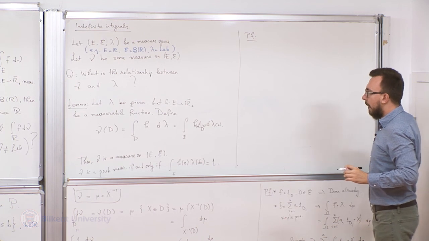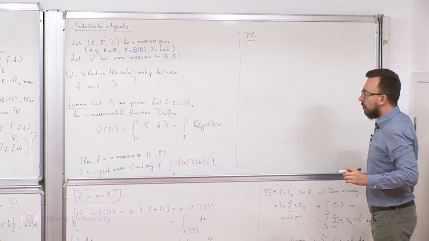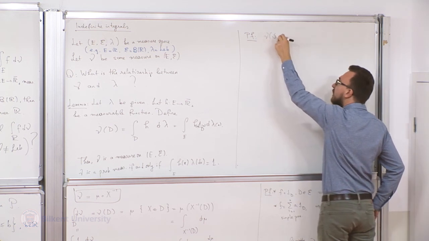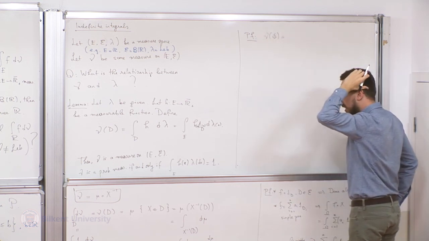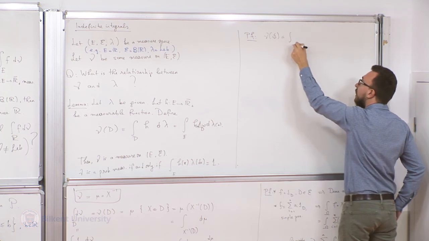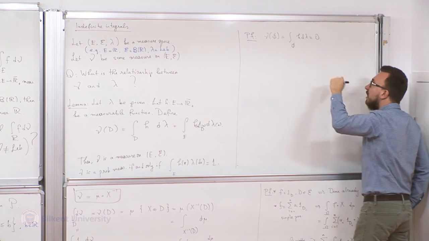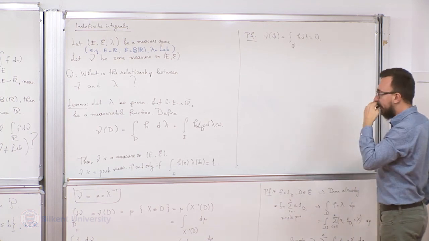Okay, let's check it. So nu of the empty set is just 0, because it's the integral of h d lambda over the empty set, and the empty set is null, therefore it is 0.